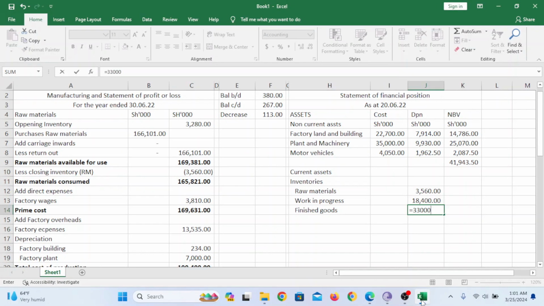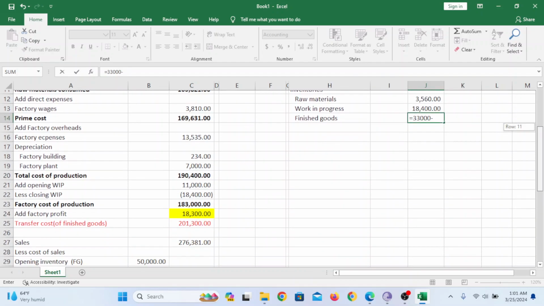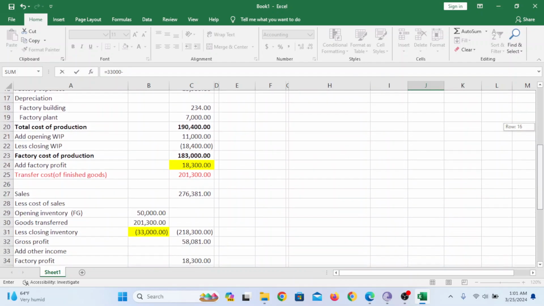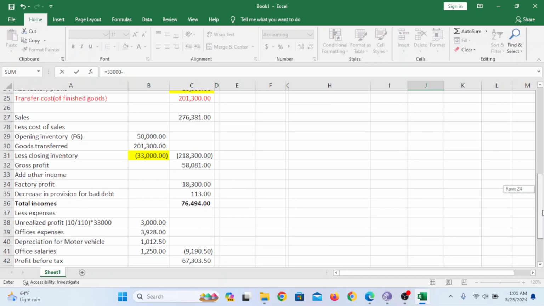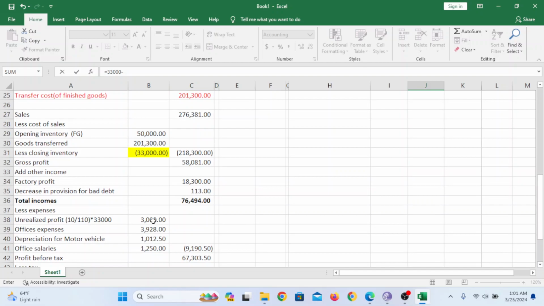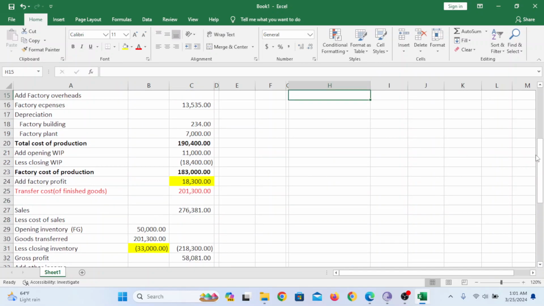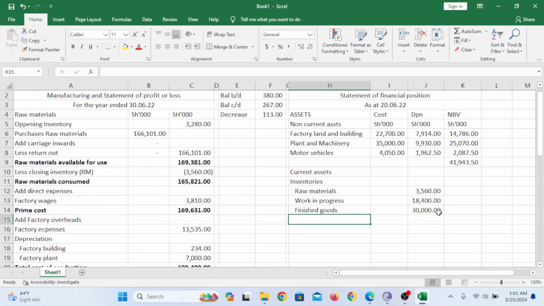So 33,000 minus unrealized profit, we got 3,000 here. So 33 minus 3,000 remains 30. So that is the inventory.